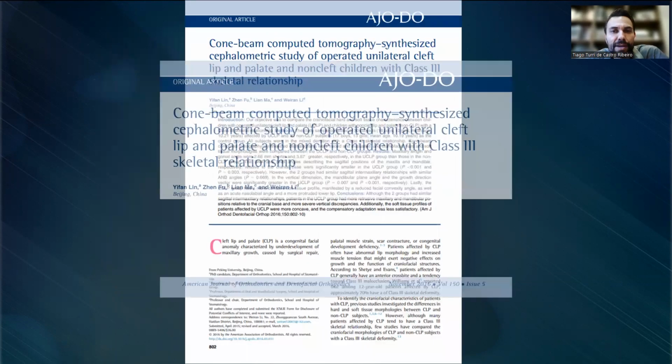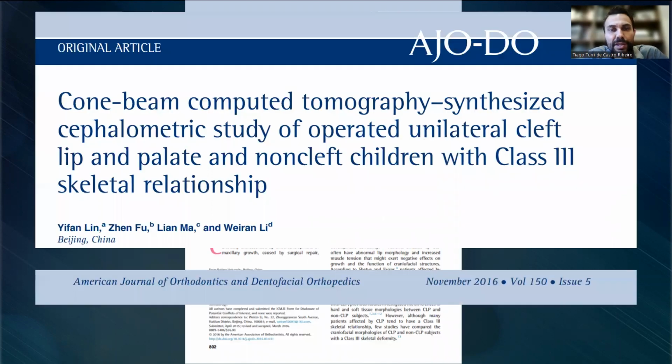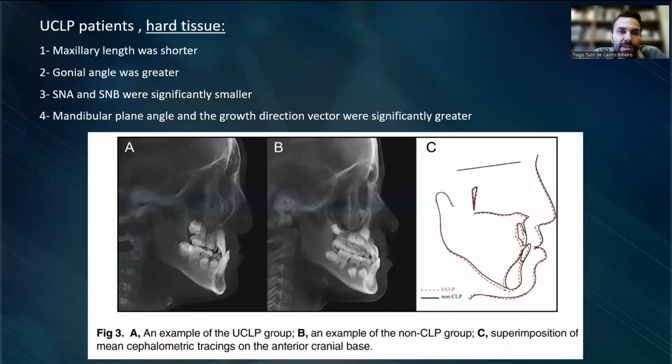In this brilliant article, published by Chinese researchers in 2016, a comparison between the cephalometric characteristics of class 3 UCLP patients and patients without cleft was carried out. See that they are patients in the mixed dentition without previous orthodontic treatment and with skeletal class 3, with the A and B angle less than 1 degree, and the anterior crossbite.